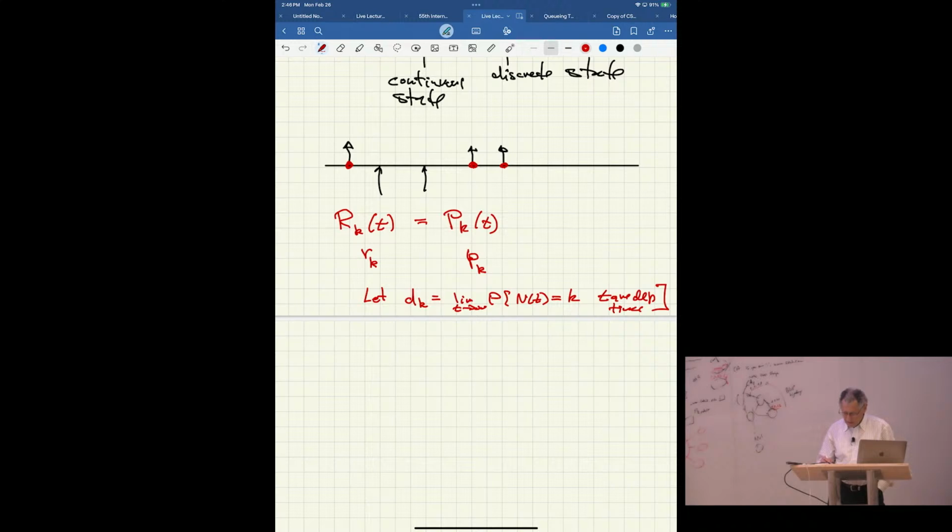So maybe a better way to write out this red thing here is that d sub k equals the limit as t goes to infinity of the probability that a departure at time t leaves k customers behind.